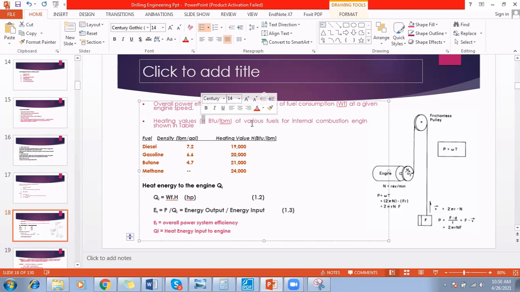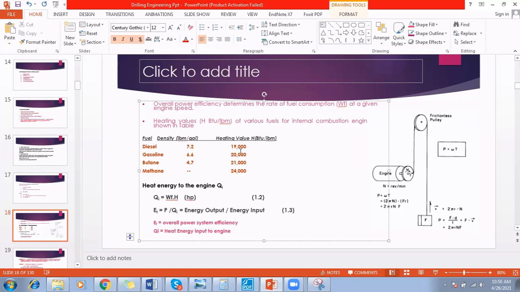So here you can see in this table that there are different fuels. It includes diesel, gasoline, butane, methane, and the densities of the fuels are also given. In the third column you can see the value of H, which is the heating value.